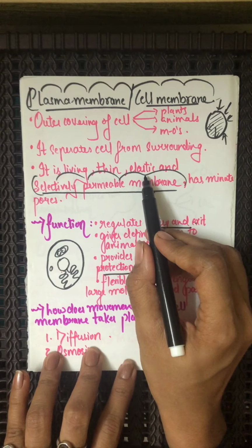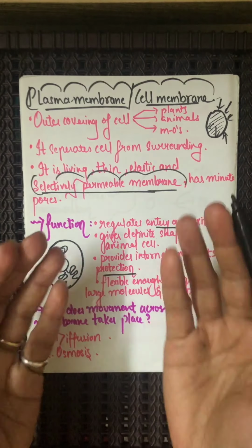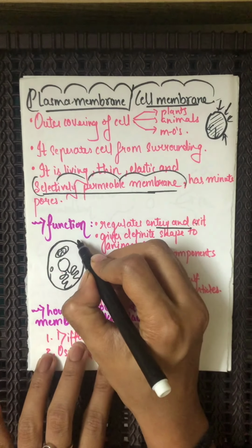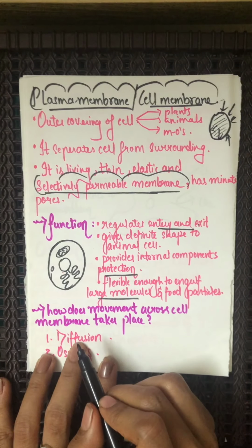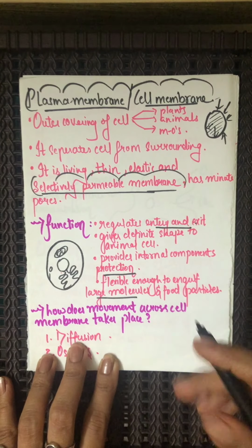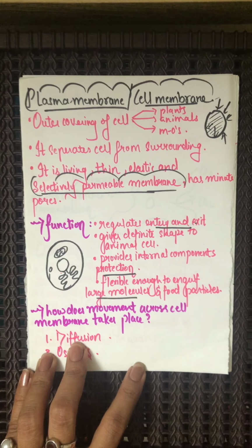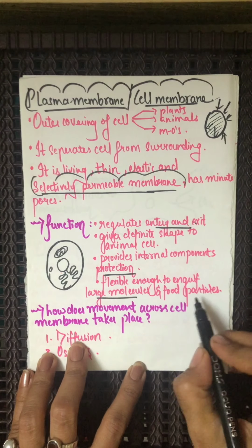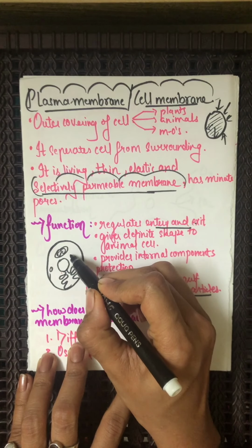So it is flexible enough, it is elastic in nature, so that it can engulf and take inside the body larger molecules, larger food molecules. Yes, so the digested food such as glucose and amino acids, the food particles, the larger molecules, everything can get inside the cell.